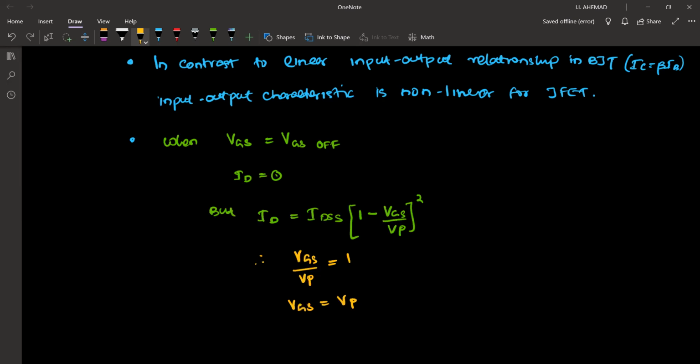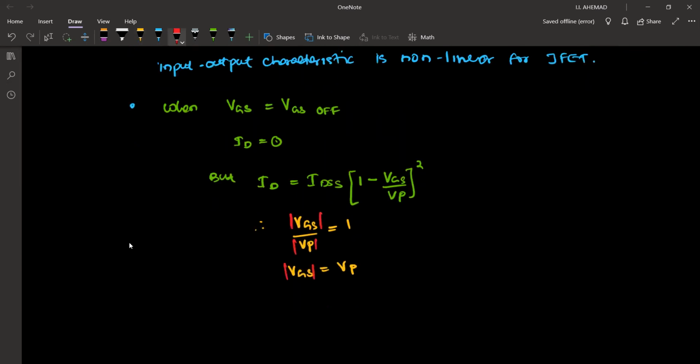Now here we are taking the values, okay? So the mod of VP is equal to the mod of VGS off.